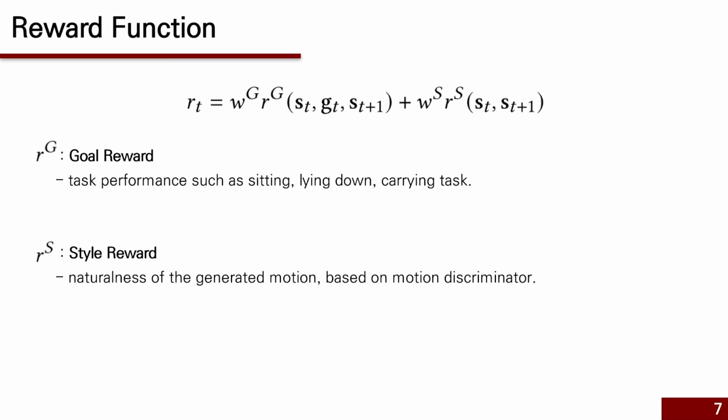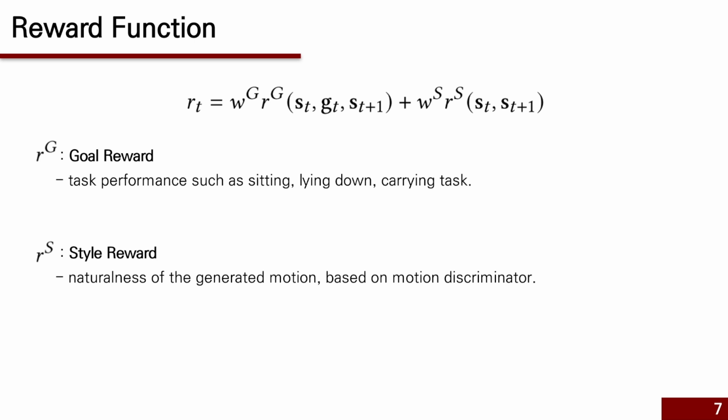The policy is trained by reinforcement learning with the following reward function. Reward G stands for goal reward. It indicates task performance such as sitting, lying down, and carrying tasks. Each task has a specific reward function and the policy learns one task at a time. Reward S stands for style reward.